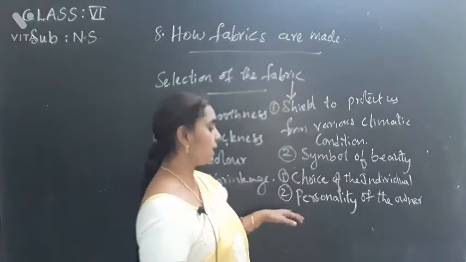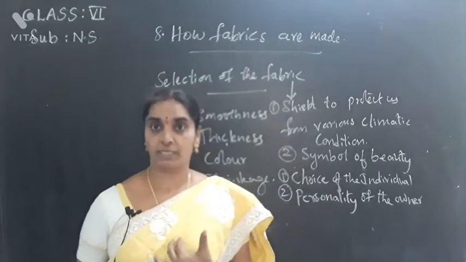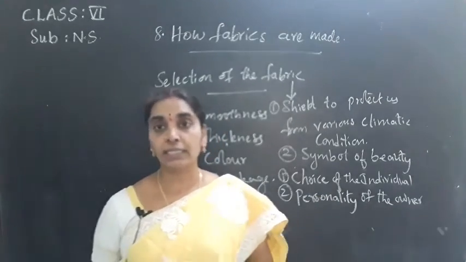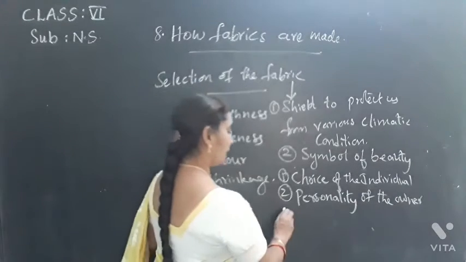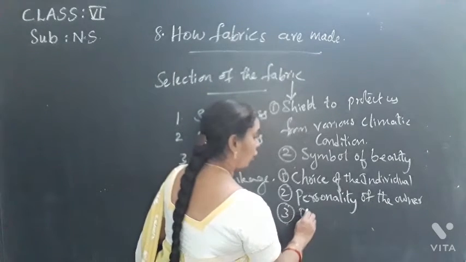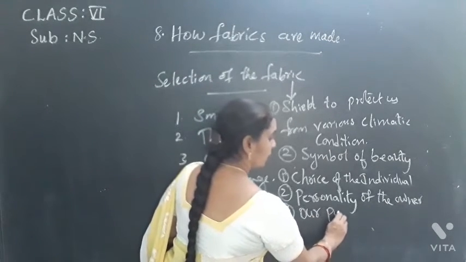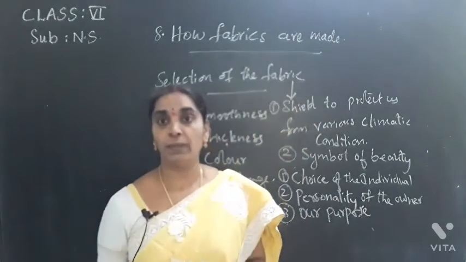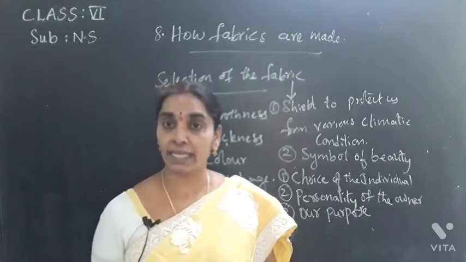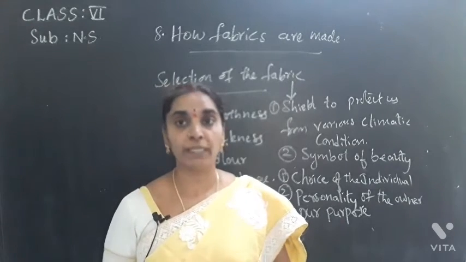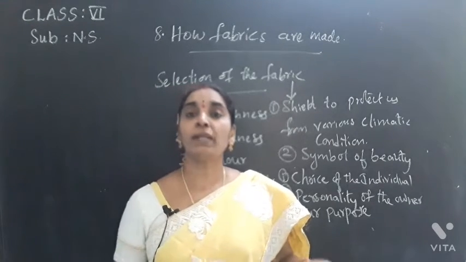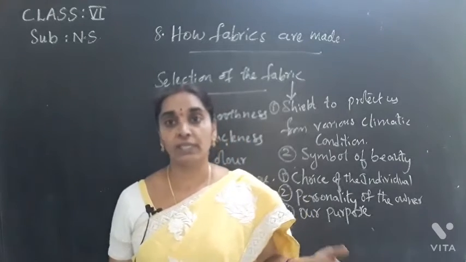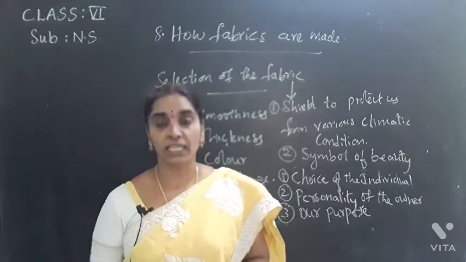Okay, and personality and our purpose for what we are selecting the clothes, whether it is for formal use or informal use, for night wear or any functional importance or any other occasion, or depending upon the season, that is whether it is a regular wear or an occasional wear.